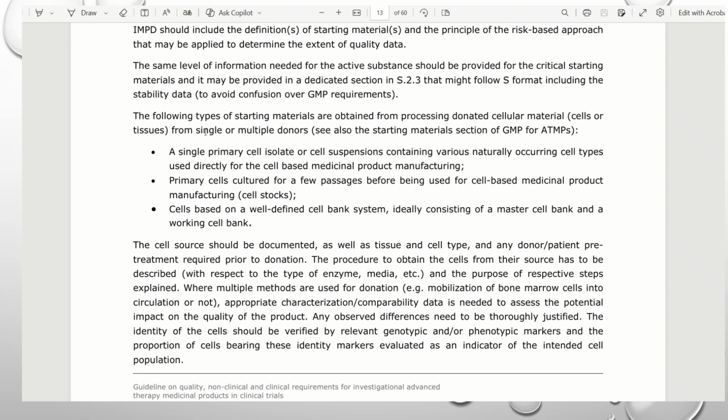Your starting materials can be one of three things. It could be a single primary cell isolate, where you haven't gone through any number of cell passages or cell culturing. It could be primary cells that have been cultured for a few passages and they're just referred to as cell stocks, or it could be a well-defined two-tier cell banking system, such as a master cell bank and a working cell bank.